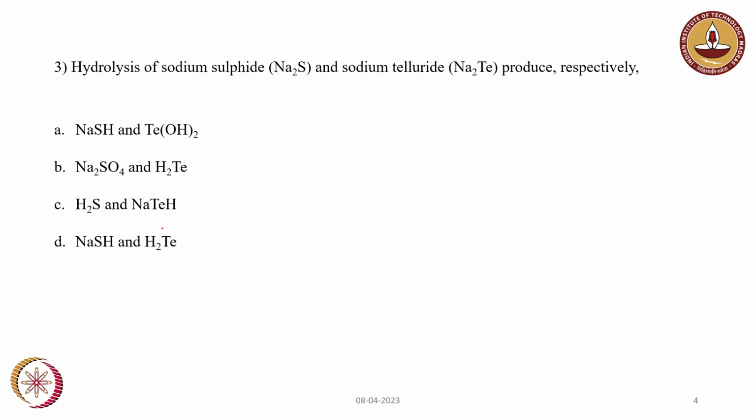So hydrolysis of sodium sulfide: Na2S plus H2O will produce NaSH and sodium hydroxide. And hydrolysis of telluride: Na2Te plus H2O.